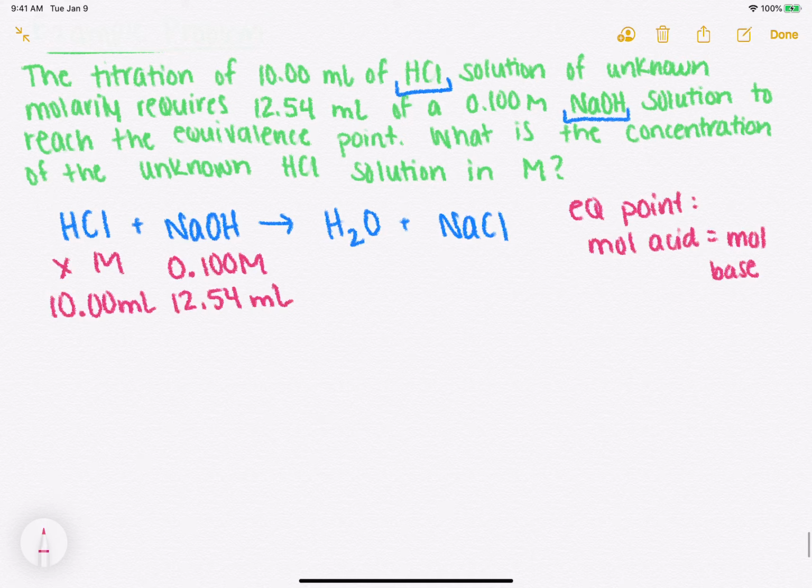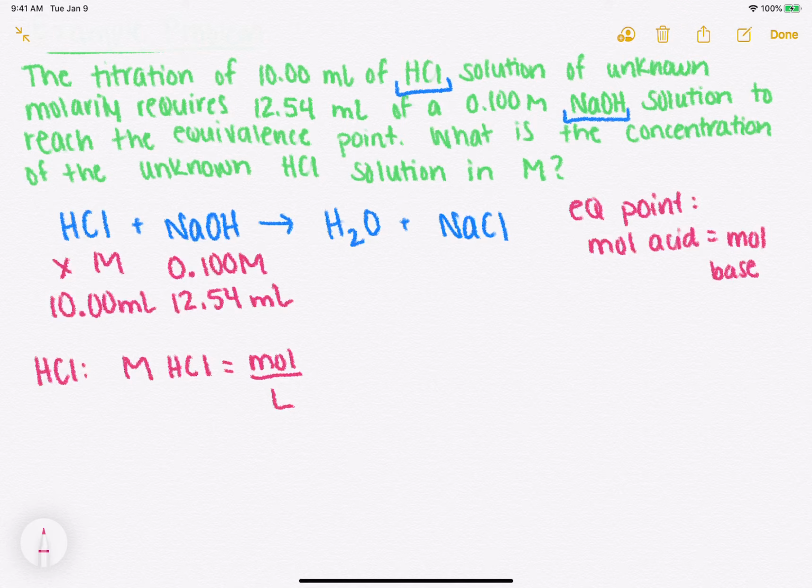So let's organize this information. Let's start with the HCl. We know that the molarity of HCl is what we're trying to find, and that molarity is moles over liters. So that would be the moles of HCl solute over liters of solution.